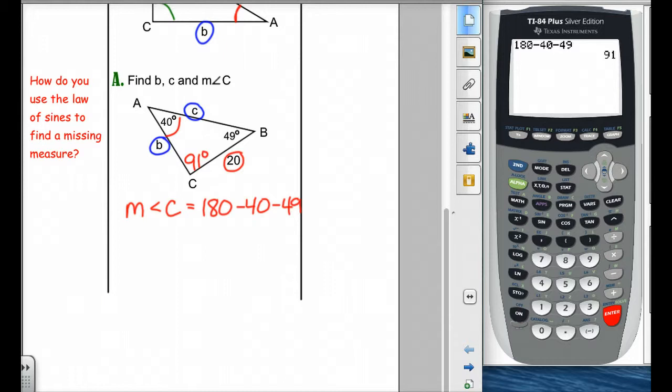Starting off, we have the sine of angle A, which is 40 degrees, over side length A, which is 20.